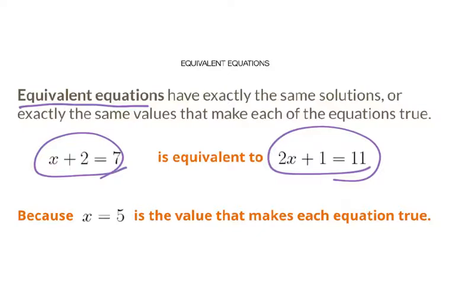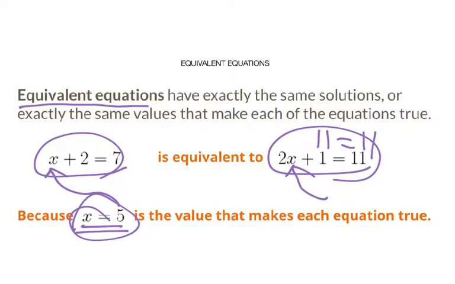So, for example, what number plus 2 equals 7? 5. So if I put in 5 for x right here, I know if it's an equivalent equation. If I put in the 5 right here, do I get the same thing over here? Do I get 11? Yes, 11 equals 11, and the value was 5. 5 plus 2 is 7, so 7 equals 7.